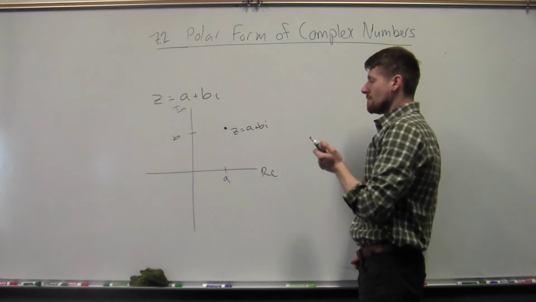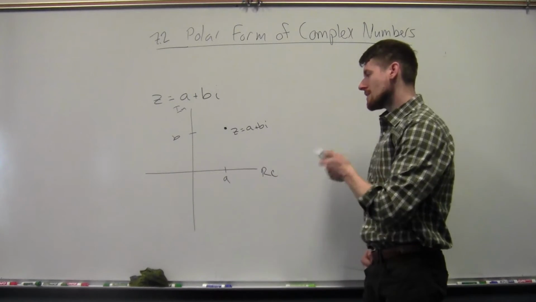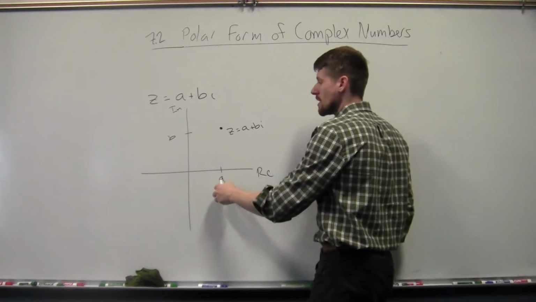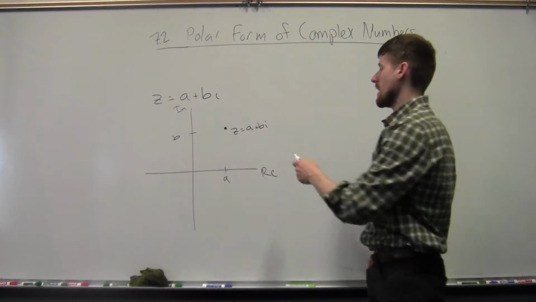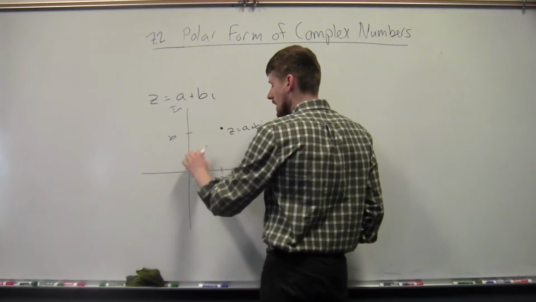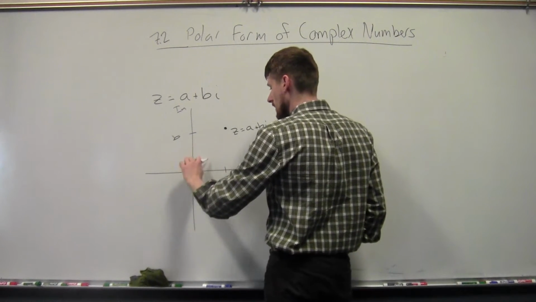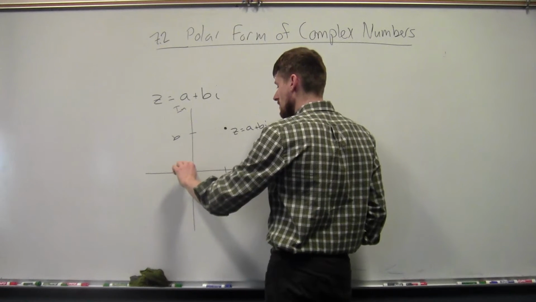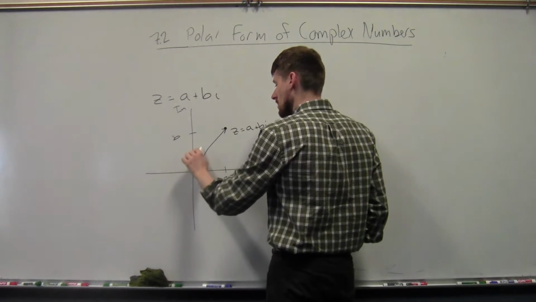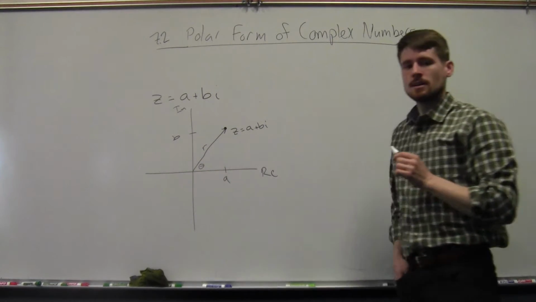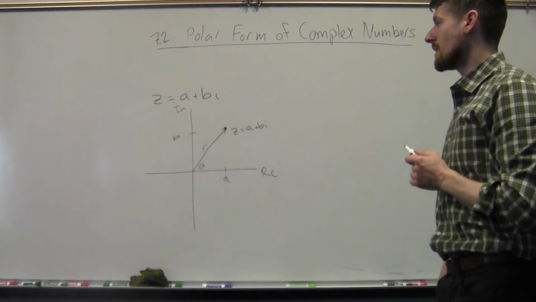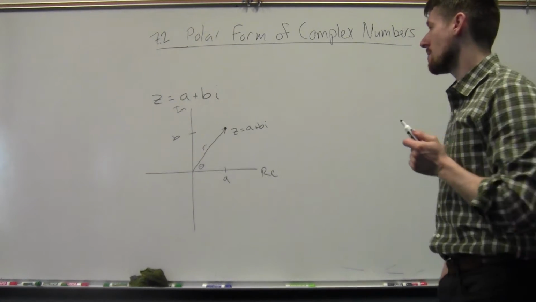And so you can get to this point z not only by moving in the horizontal and vertical, which is A plus bi, but you could also get to it from finding the angle, whatever the angle is, and going directly there, taking the hypotenuse. So you can get to z using polar form, using polar coordinates. And that's another way to describe this complex number.